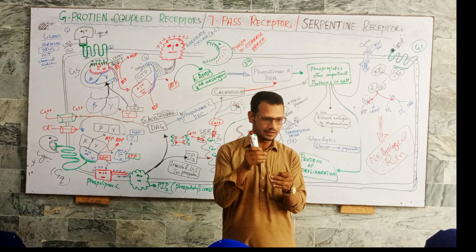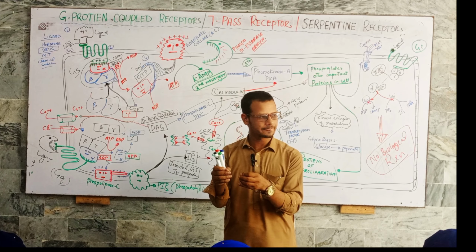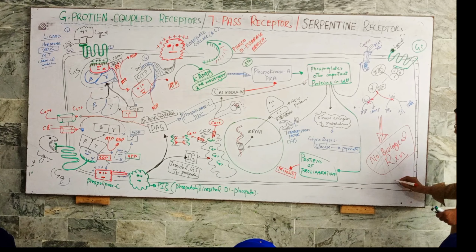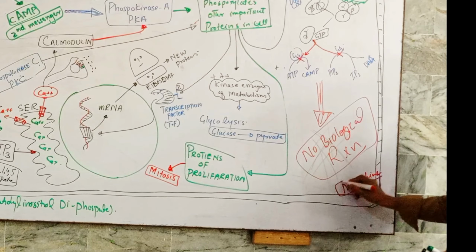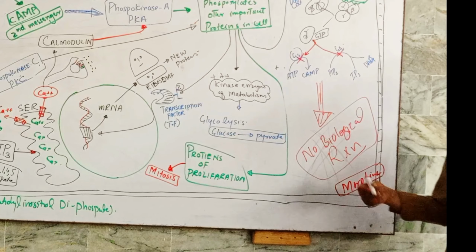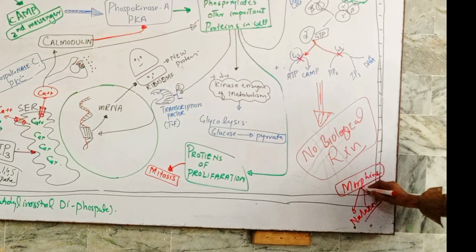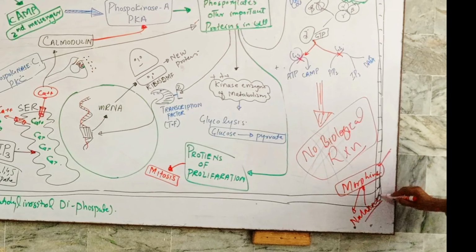The inhibitory chemical substances for the agonist are called antidotes. For example, morphine. If opioid receptors are overstimulated by the use of a high dose of morphine, we can stop it with naloxone. Naloxone is the antidote for morphine. Like this is the agonist, and this is the antagonist, right?